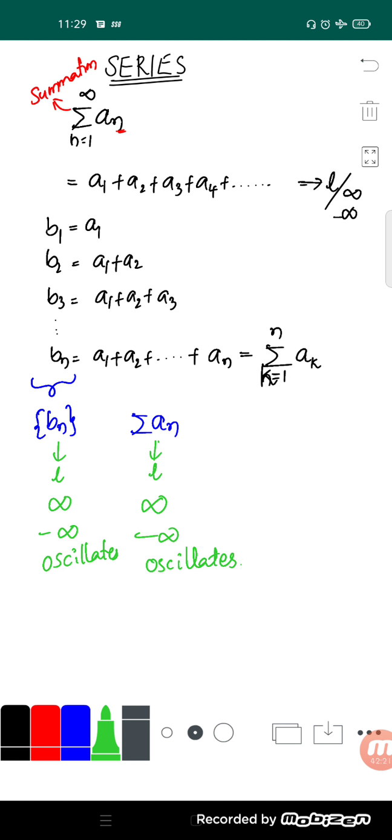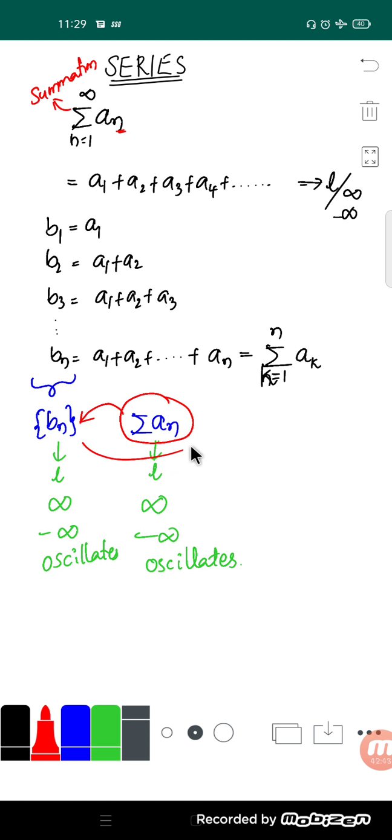That's how important the sequence is from the series perspective, because the entire behavior of a series is examined by the sequence.